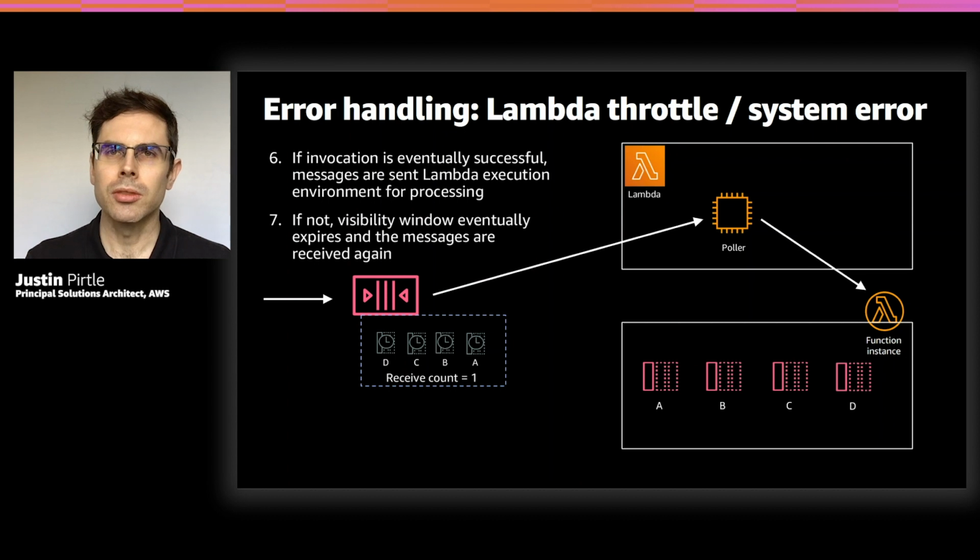But in this case, most likely it will succeed, in which case we'll actually go ahead and have all the messages end up processed successfully in the function instance. It just may take slightly longer. So this goes to illustrate that you shouldn't fear throttles. You just want to be mindful that it means things could take longer to finish, but all the retrying is done on your behalf. And throttles in your metrics are not really a bad thing, especially if you've intentionally configured a throttle on the function.